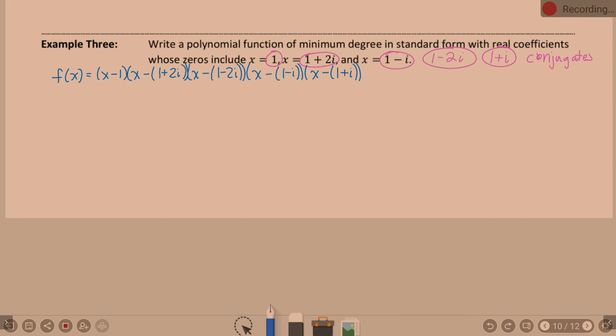You can. If not, write it out. Okay. x minus 1 is x minus 1. I'm going to write these without the inside parentheses, so x minus 1 minus 2i, x minus 1 plus 2i, x minus 1 plus i, and x minus 1 minus i.